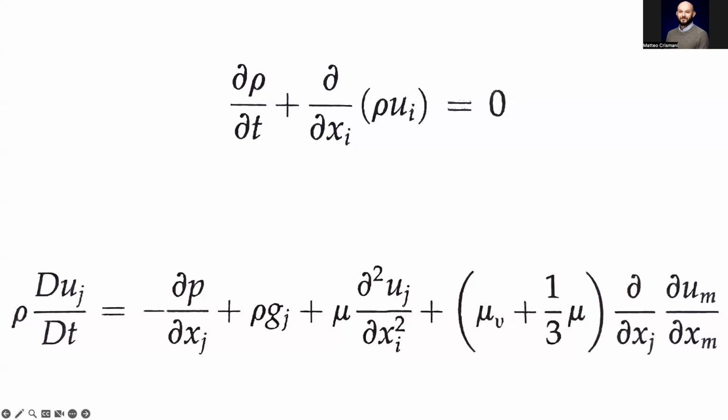Body force, right? So imagine that this is our little parcel of fluid. If I lift it, I lift the whole body, and that can create momentum when I let go of it.